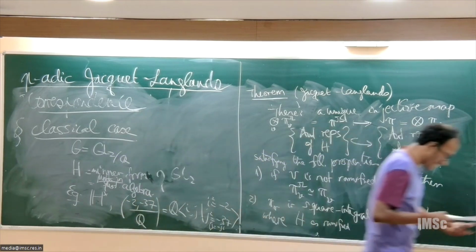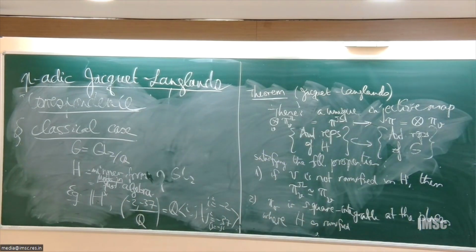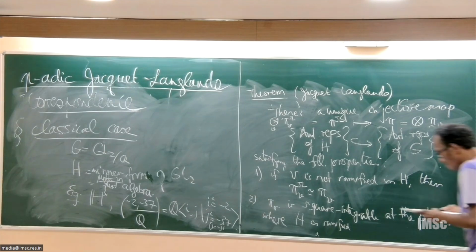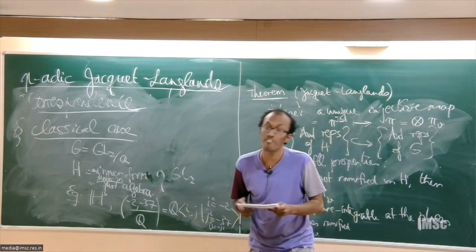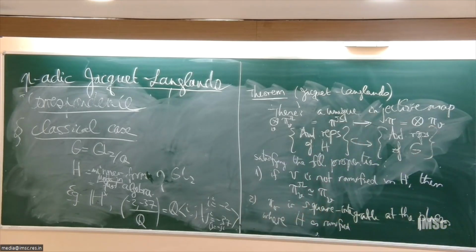Now, this is a very abstract statement about automorphic representations, so I want to give you a very concrete example of what this means. So here's an example. I want to look at automorphic forms of weight 2 and level 37 on GL2.